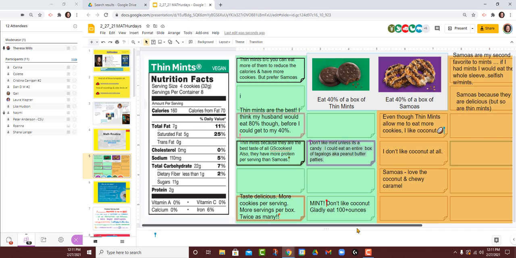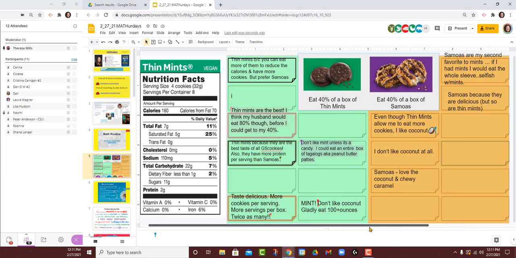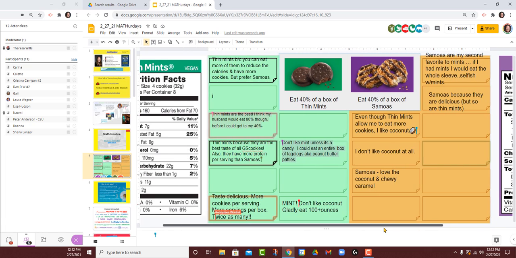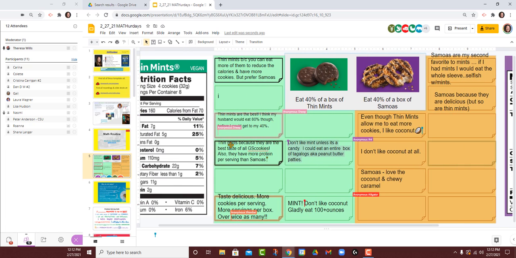That was clever. So you're using calories and cookies per serving. Very cool. Let's see, there's another one that I highlighted in black. You said that they have more protein. How did you figure that one out?